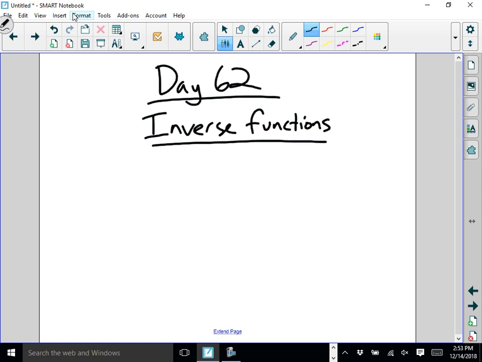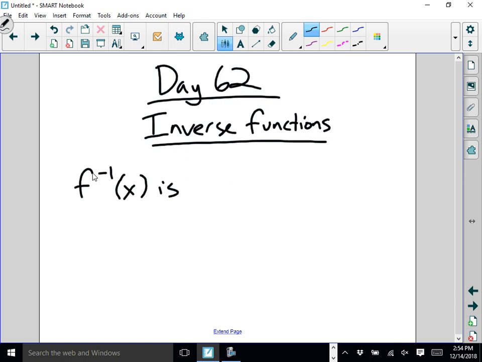So that f, in the superscript -1, not to be confused with f prime. Don't get that and f prime mixed up. F with the superscript -1, that means f inverse.